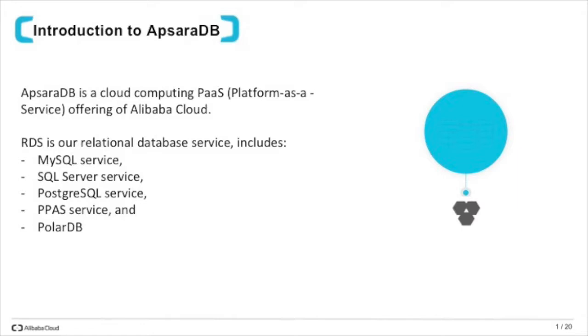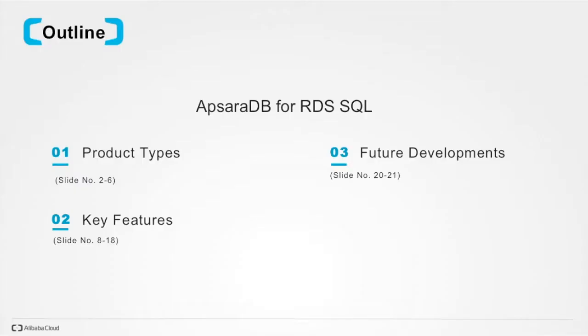RDS is the relational database service, and it includes the MySQL service, SQL service, PostgreSQL service, PPAS service. Lastly, there is also the PolarDB service, which was developed internally by Alibaba Cloud and is compatible with MySQL.